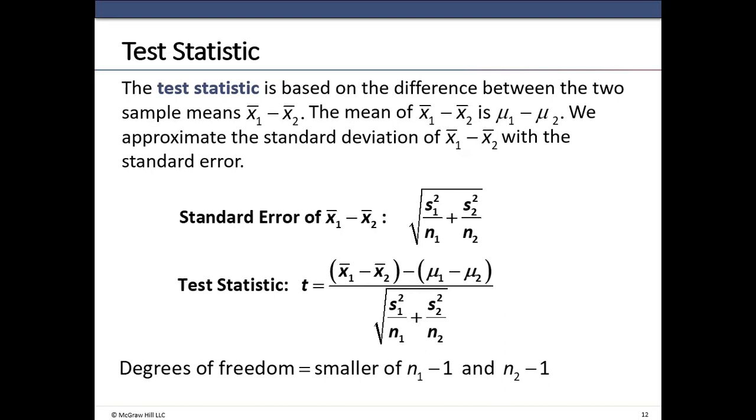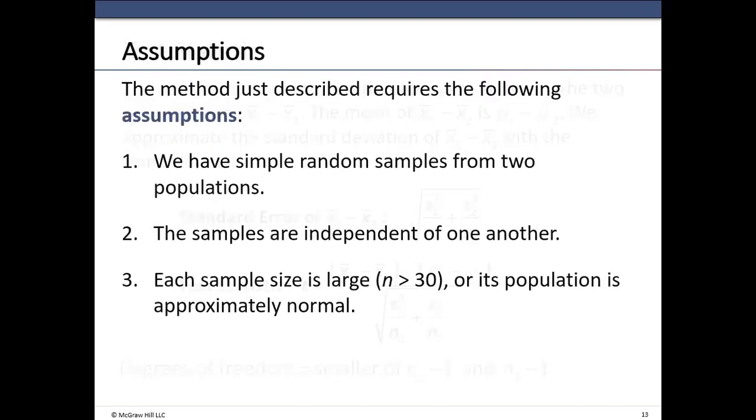In the t, the first term in parentheses in the numerator is the difference in the two sample means. That difference is being compared to the hypothesized population mean difference, which is the term in the second parentheses. The whole numerator is divided by the standard error of x1 bar minus x2 bar. And degrees of freedom, in this case, is the smaller of n1 minus 1 and n2 minus 1.